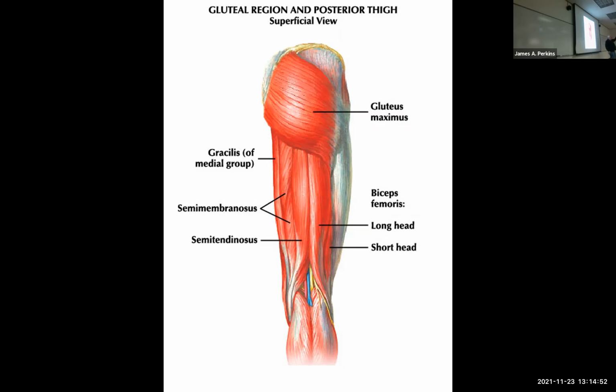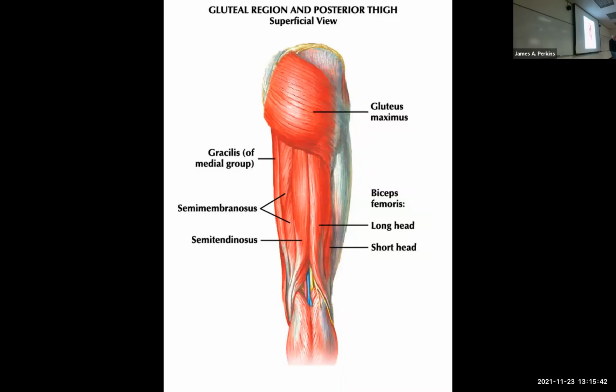Turns out that little part of the adductor magnus is considered a hamstring. If you follow that one portion of the adductor magnus muscle up to its origin, it's actually originating on the ischial tuberosity. Now, if you follow it distally to its insertion, it appears to insert on the adductor tubercle of the femur.